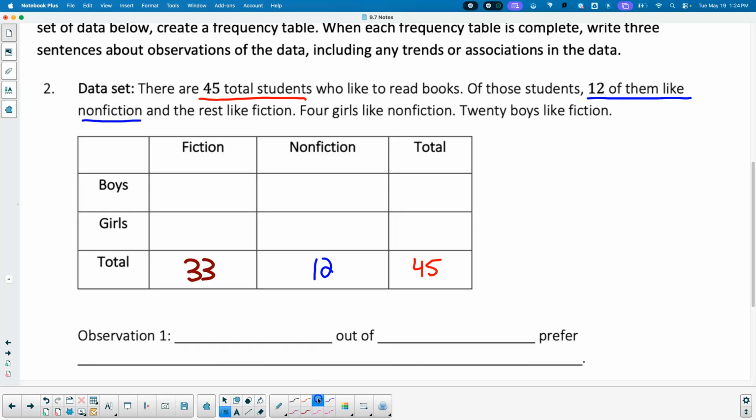4 girls like nonfiction. That's going to go here. So how many fellas like nonfiction? 8. 20 boys like fiction.